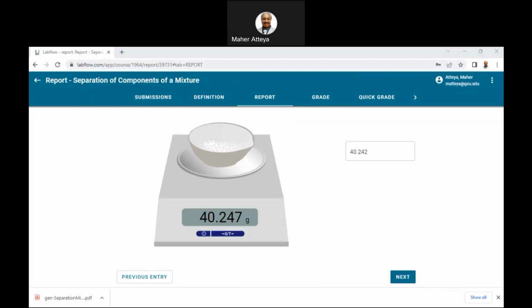After cooling of crucible number one, the mass of the sand and crucible number one are recorded. Click next.